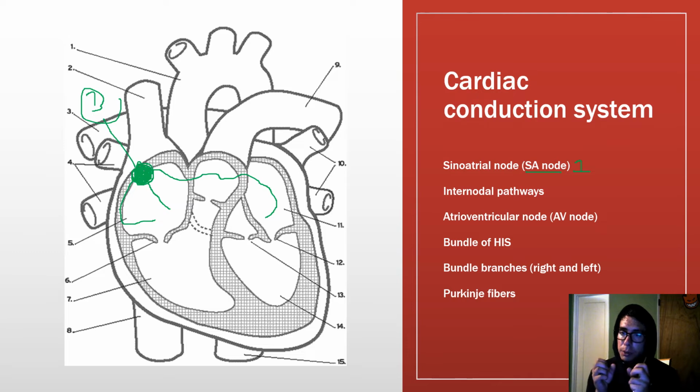Those cells then depolarize, which is contract, and then that causes the neighboring cells to depolarize, and then those neighboring ones to depolarize, so it just spreads like that through the atria, which causes atrial contraction, also known as atrial kick, which is that final last little contraction to get the remainder of the blood down into the ventricles.